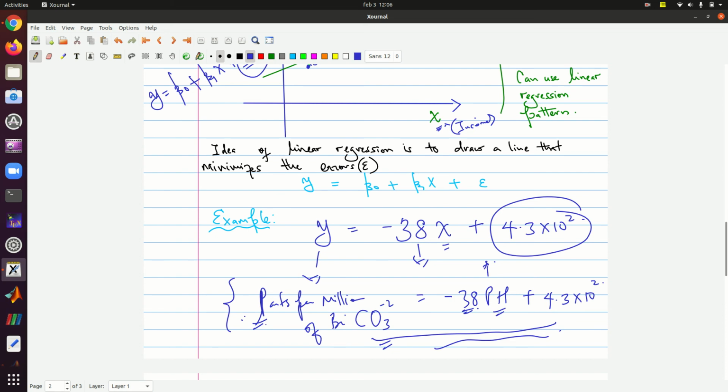So after collecting the data, we know that the pH will affect the concentration of this carbonate in this particular way, an inverse relationship and so on. So that is for now.